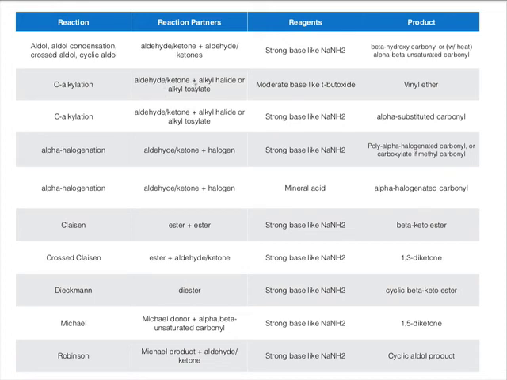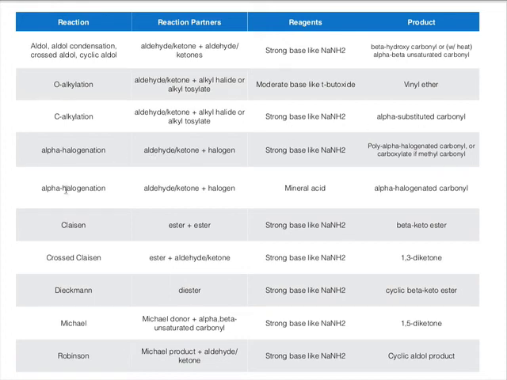We need a really good electrophile for these reactions, so alkyl halide or alkyl tosylate would be good enough. If we want O alkylation, we use a moderate base. If we want C alkylation, we use a strong base. Now, go back and look at our products. If we did O alkylation, we ended up with a vinyl ether. If we do C alkylation, we end up with an alpha substituted carbonyl, an alpha alkylated carbonyl.